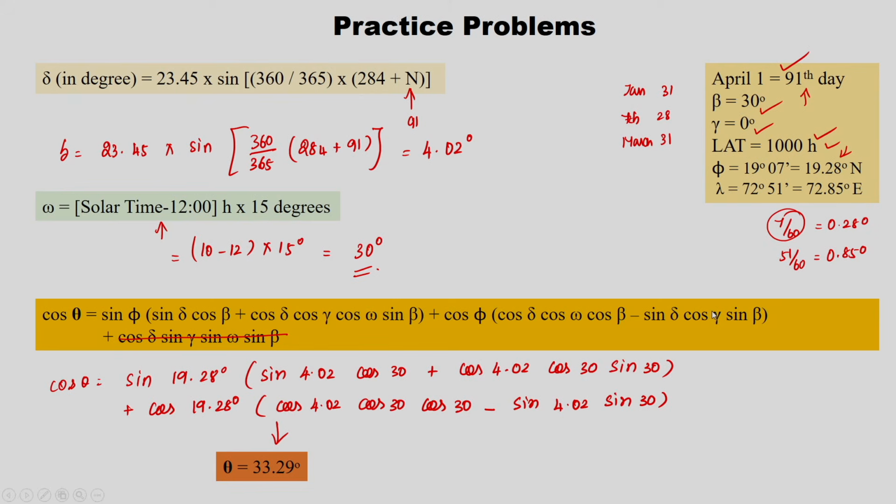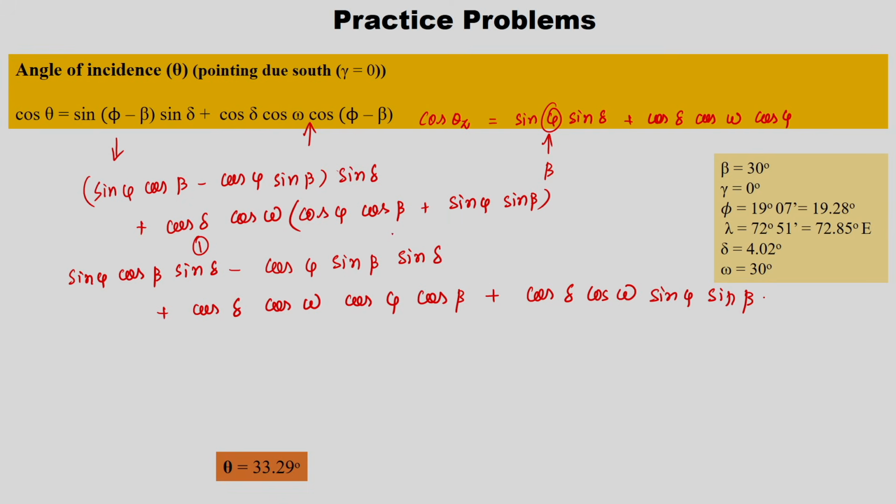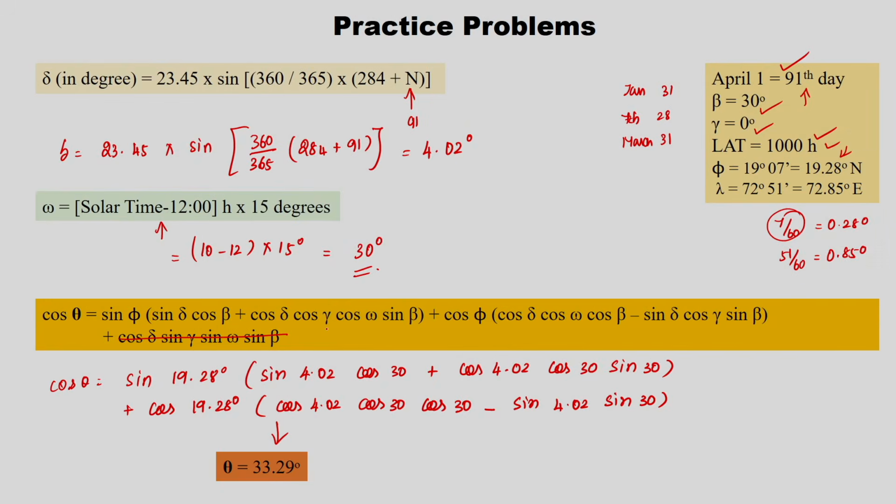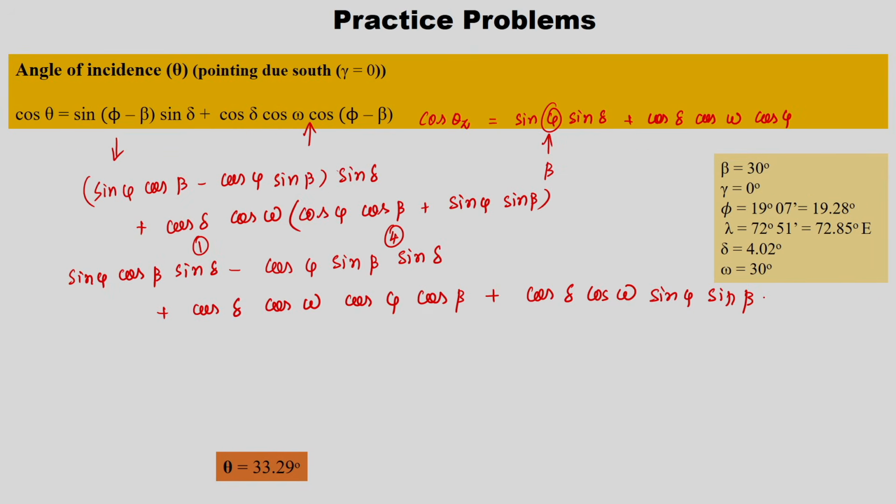The third term is cos phi cos delta cos omega cos beta, and then this is the second term. So this ultimately gives your general equation only for the surface pointing due south, but here you can do it with only phi, beta, delta and omega.